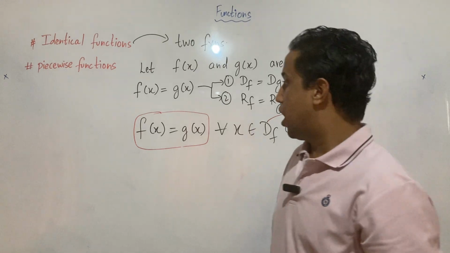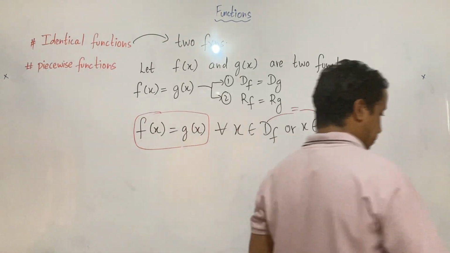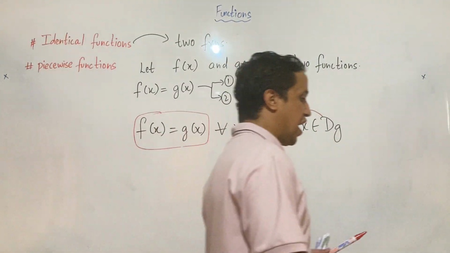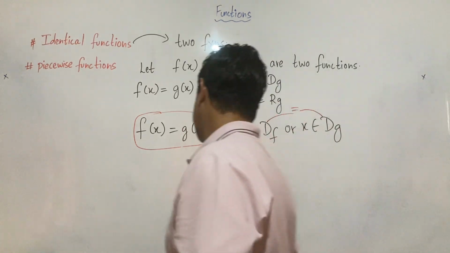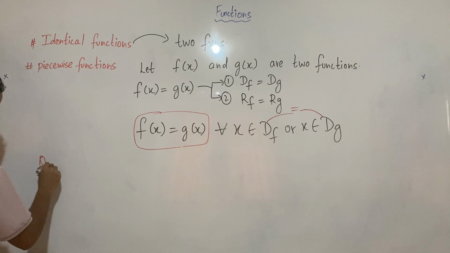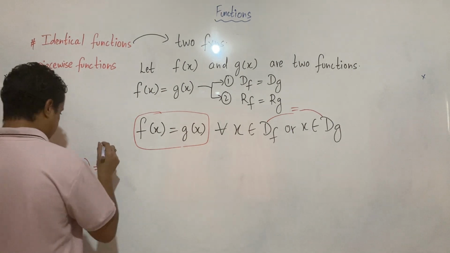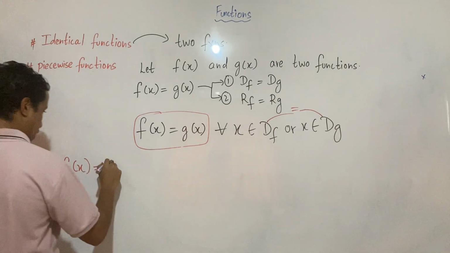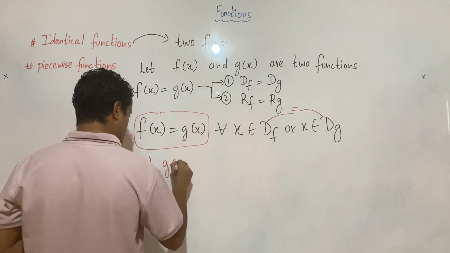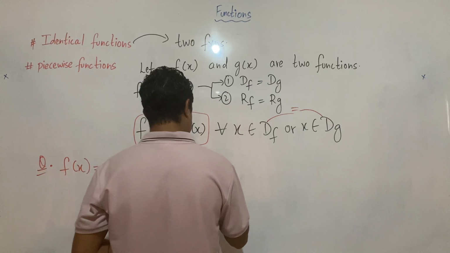Okay, now we can take some examples to have more clarity on identical functions. Let's say that we have two functions. The first function is f(x) equal to x, and I have g(x) equal to under root of x square.